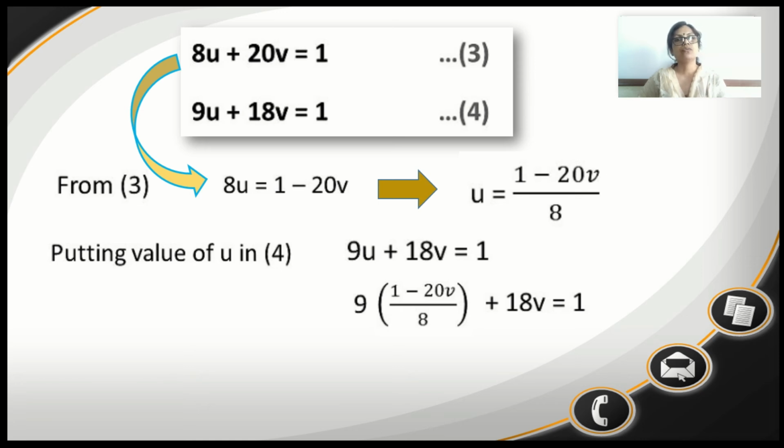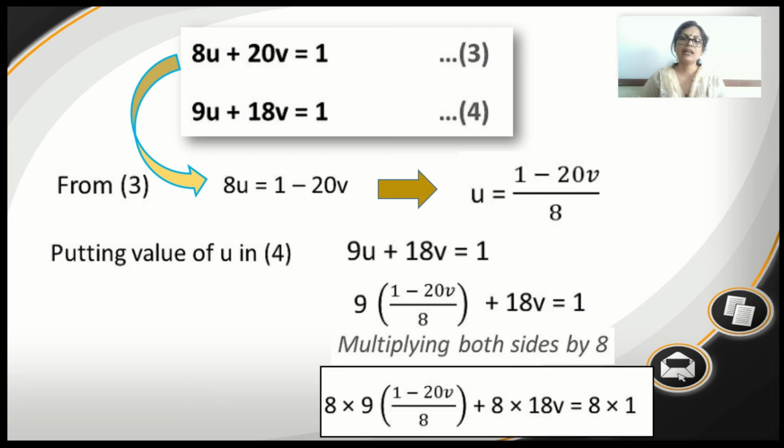What do I do? Is this clicking in your mind? I hope you must have done it earlier than me, multiplying the whole equation by 8. So it will be 8 into 9 in the bracket 1 minus 20v upon 8 plus 8 into 18v plus 1 into 8. We have multiplied the whole equation by 8.